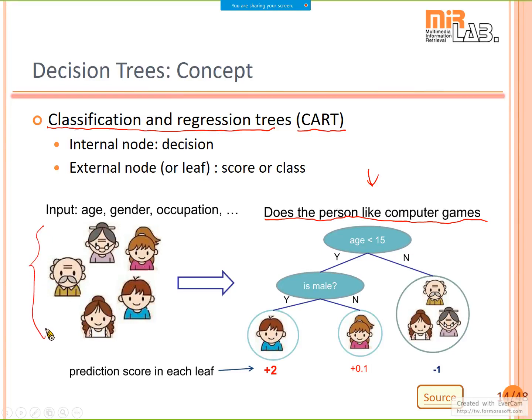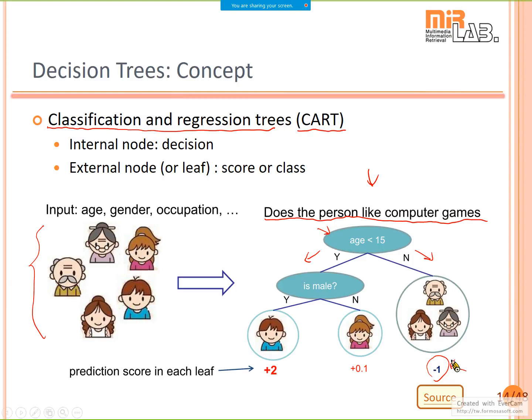And the decision is like this: if the age is smaller than 15, then we go to the left subtree. On the other hand, if age is greater than 15, then we go to the other side. And for this leaf node, we are given a score of the prediction. For instance, if the age is larger than 15, then the score is -1.